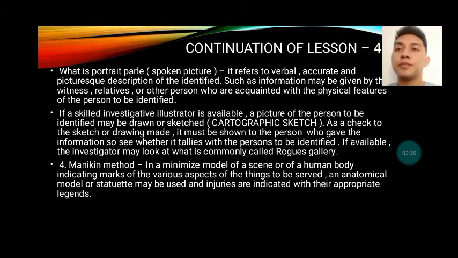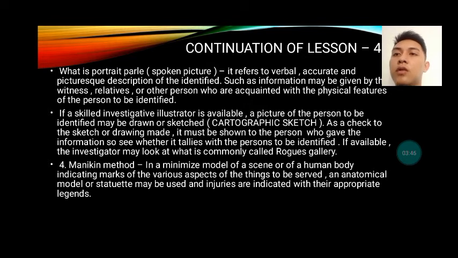Spoken pictures. It refers to a verbal, accurate, and picturesque description of the person to be identified, such as information given by witnesses, relatives, and other persons who are acquainted with the physical features of the person to be identified. If a skilled investigative illustrator is available, a picture of the person to be identified may be drawn or sketched.